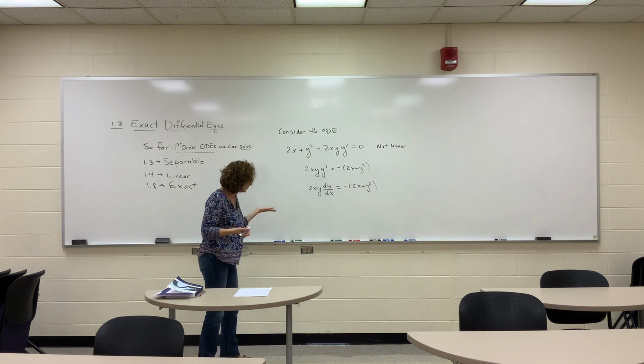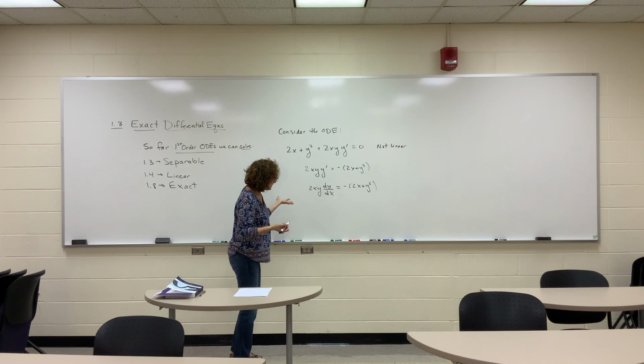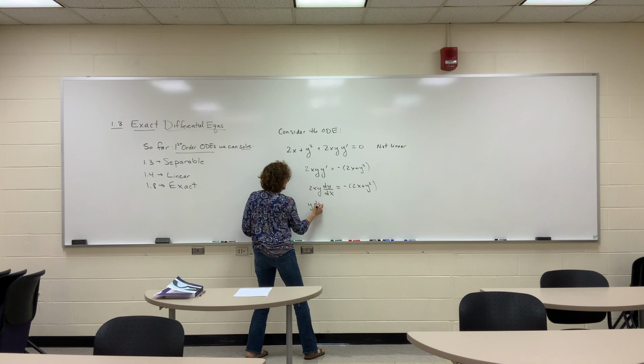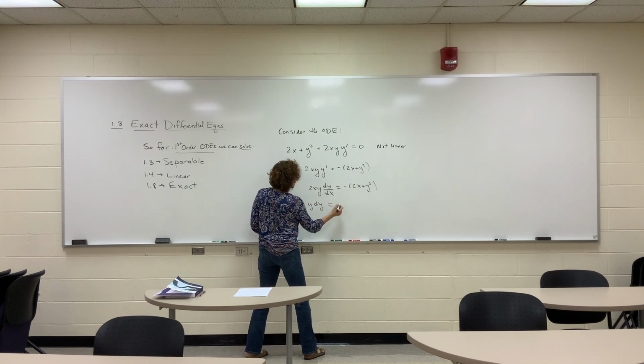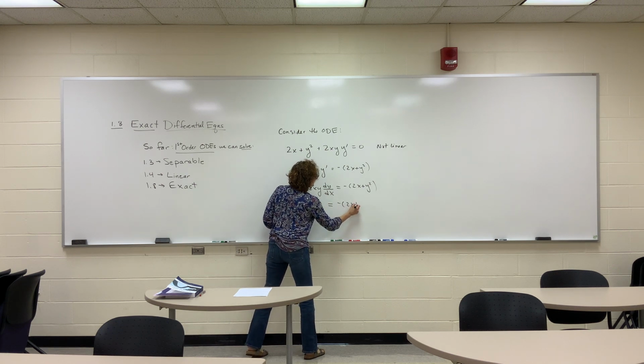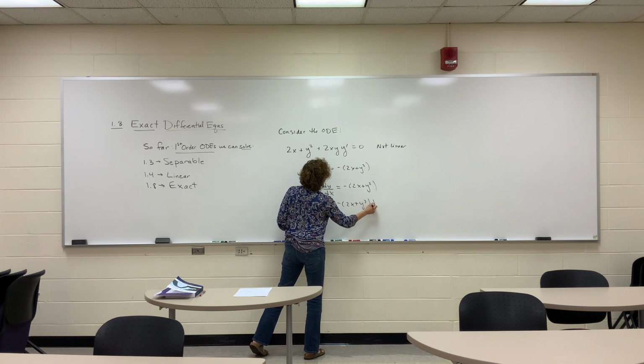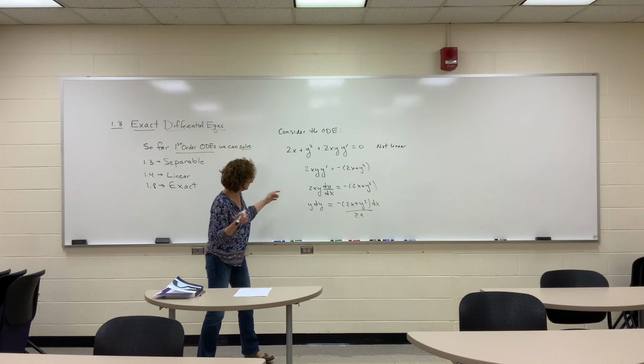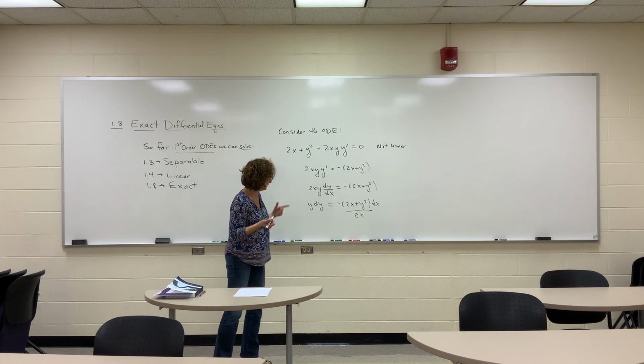Right, and then if we were shooting for separable, we could divide this guy by, well, we want the y's on this side maybe and the x's on that side, right? So we'd have y dy is equal to minus 2x plus y squared dx divided by 2x, right? Okay, divide by 2x, leave the y's over there.